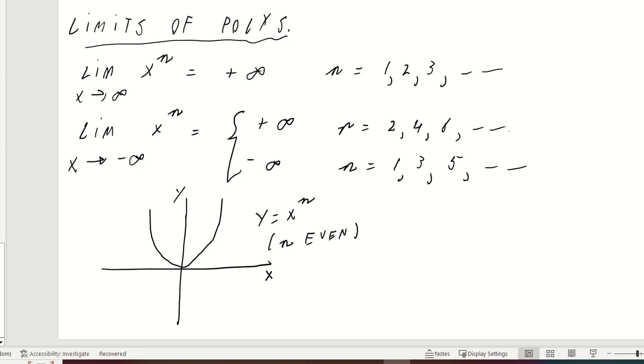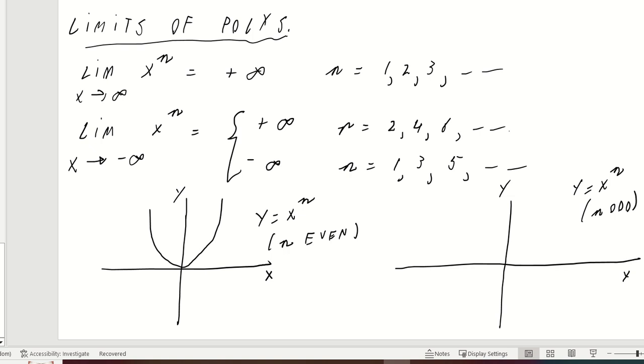And then the other situation is when n is odd. So we have an xy graph, and then we'll have the function y is equal to x to the n again, but in this case n is odd. It will just look like this, through the origin.